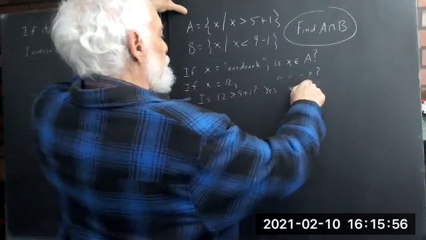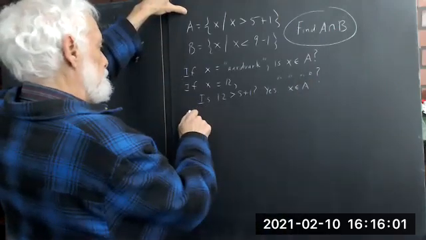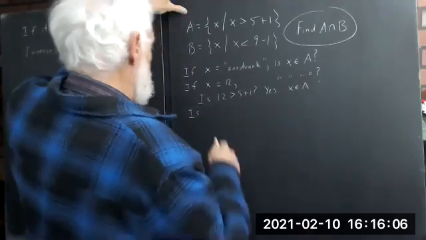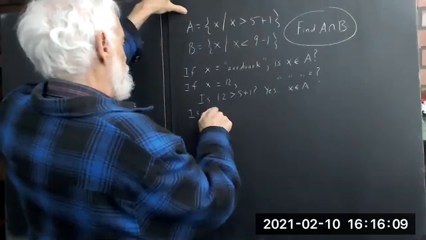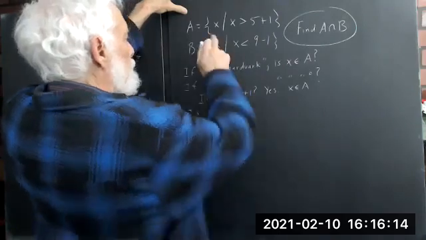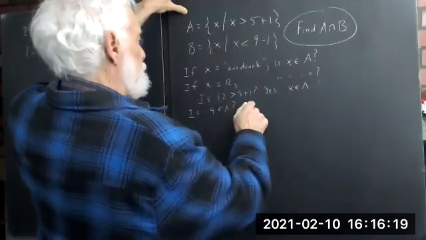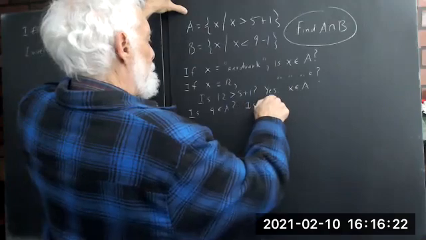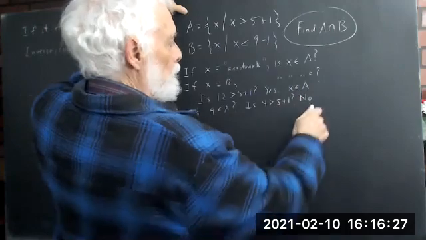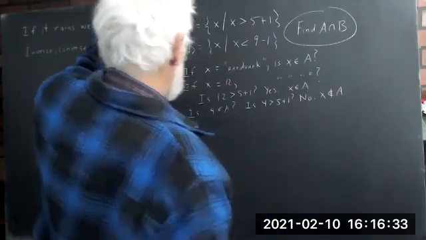So X is in the set A. Okay, abbreviating it a little bit, is 4 in A? Well, we test it. Let X equal 4. Is 4 greater than 5 plus 1? No. So X is not a member of A.